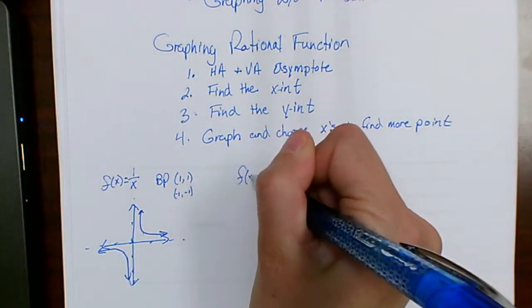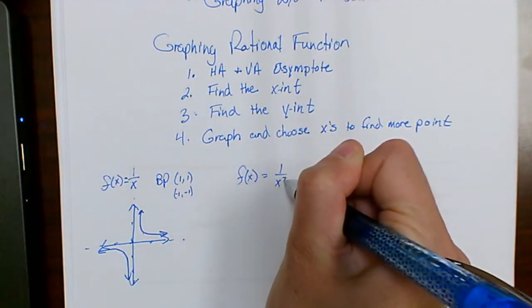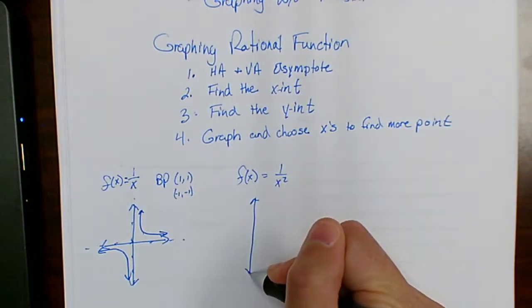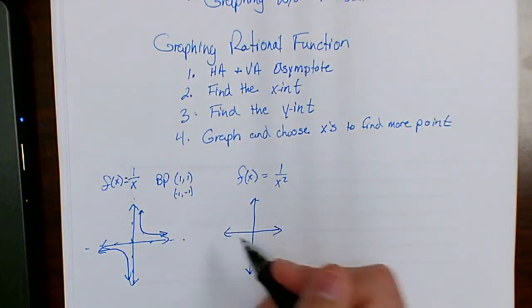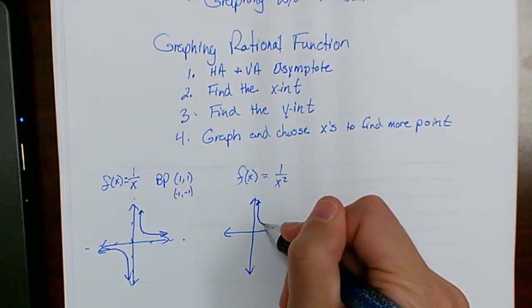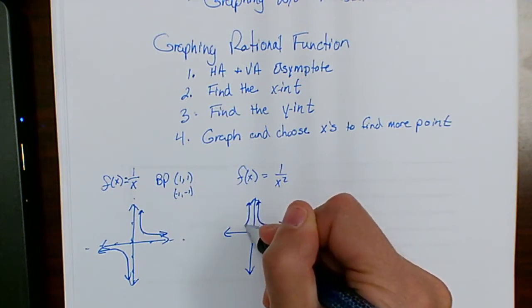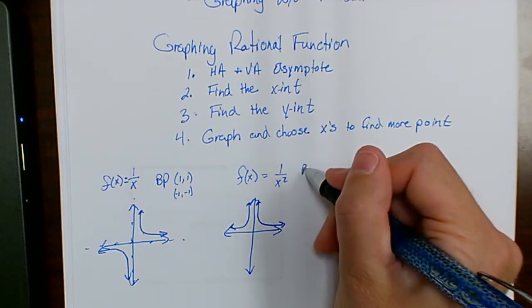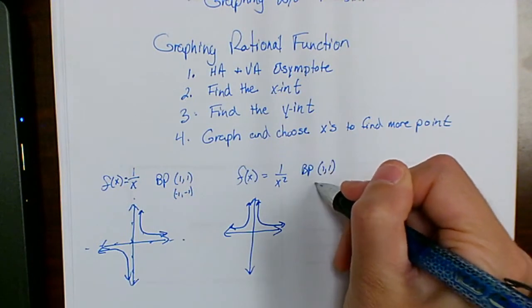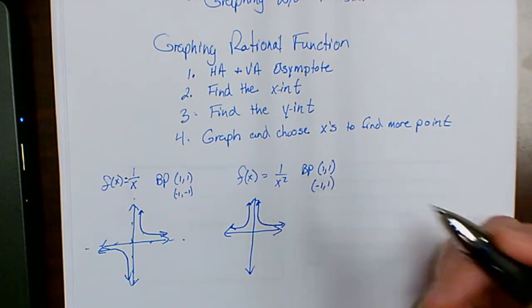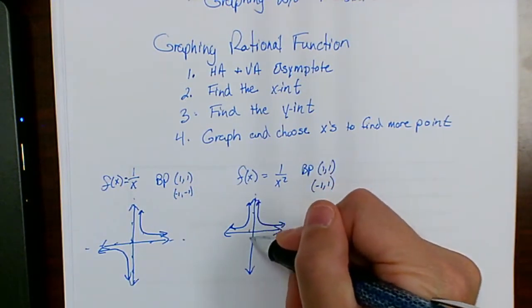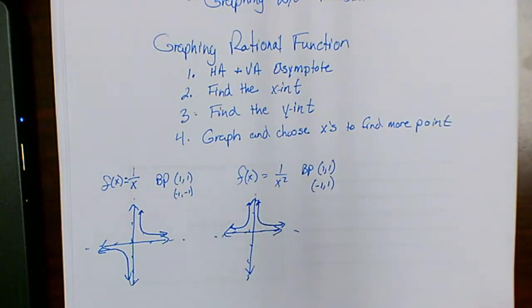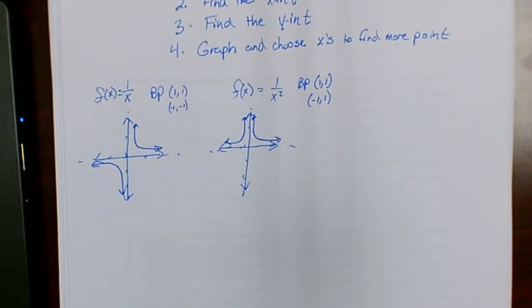If we have the function of 1 over x squared, we will have a graph that looks like this, with base points of 1, 1 and -1, 1, with horizontal and vertical asymptotes at 0 as well. So your graph will look similar to this.